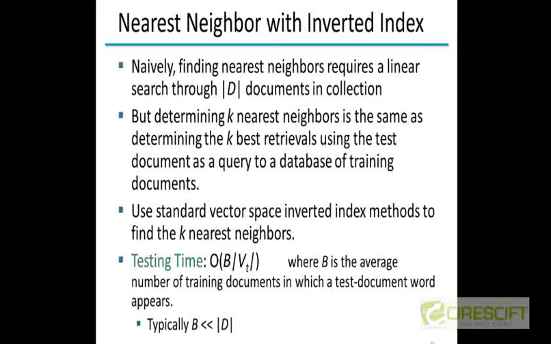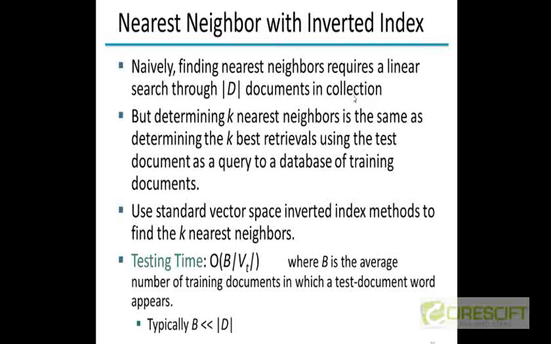So how do you compute your nearest neighbor? Well, you will have to compute the distance between the test document and every document in the vector space, and then choose the nearest neighbor or nearest neighbors depending on what the value of k is. So finding the nearest neighbors is going to require computing distances to all the D documents in your collection.